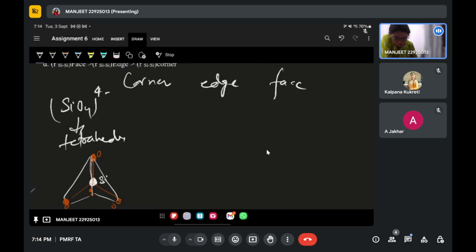So in the corner case, how is this? Let's say this is my silicon, and this is my oxygen, oxygen, oxygen, and oxygen. This oxygen is shared with another tetrahedra.